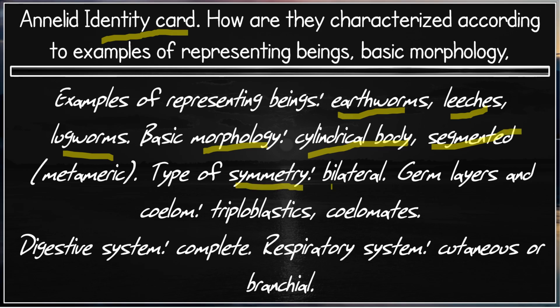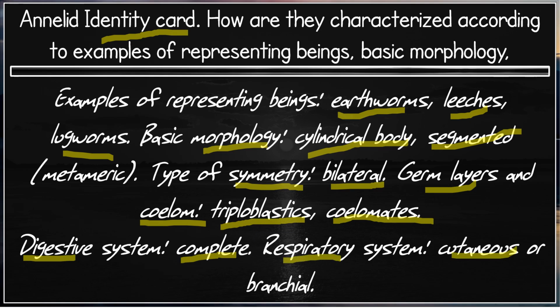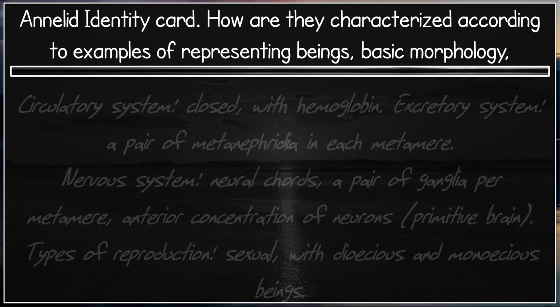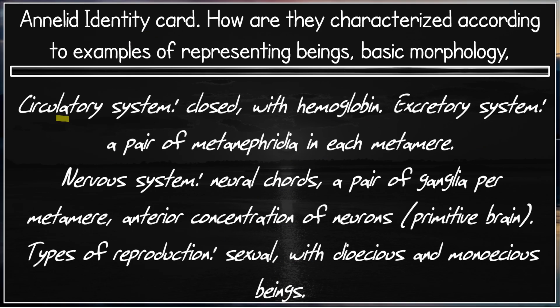Type of symmetry is bilateral. Germ layers and coelom, they are triploblastic and coelomates. Digestive system is complete. Respiratory system, cutaneous and branchial. The circulatory system is closed with hemoglobin.